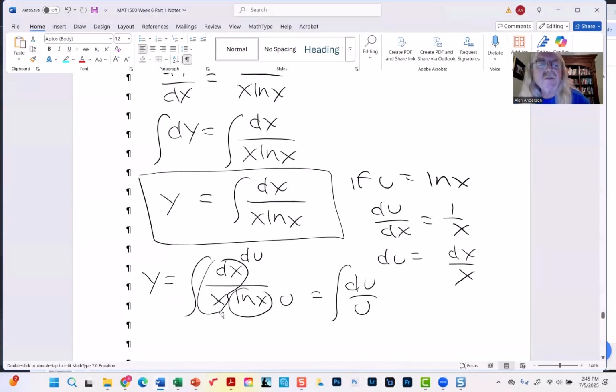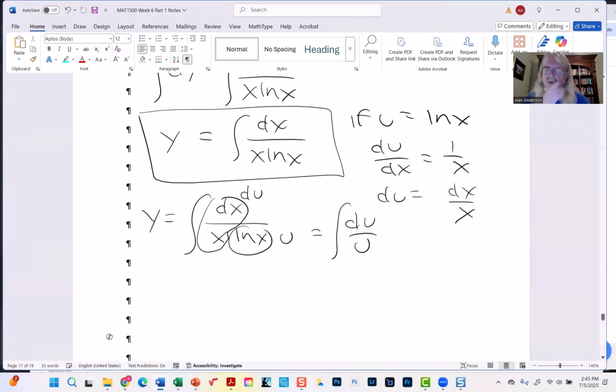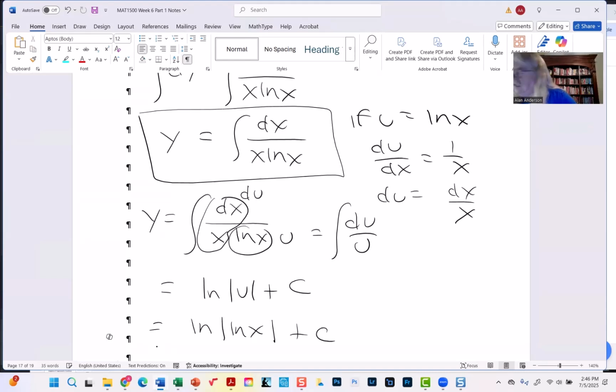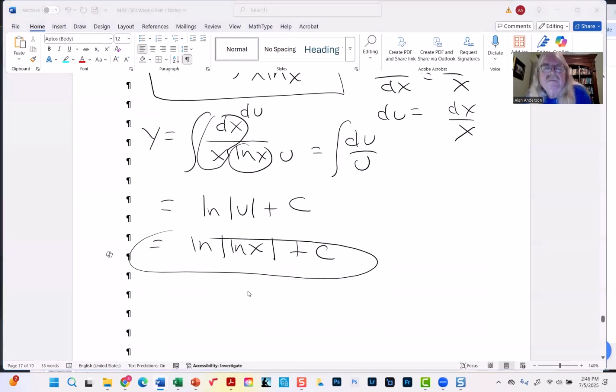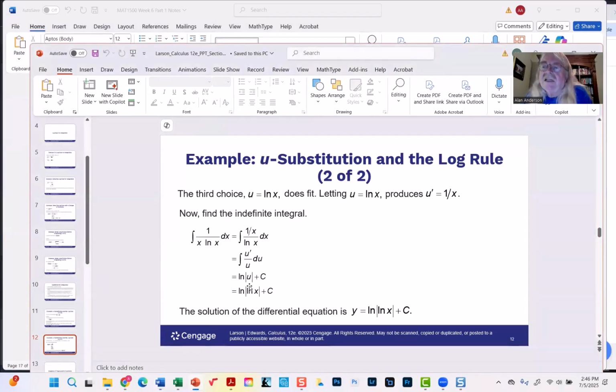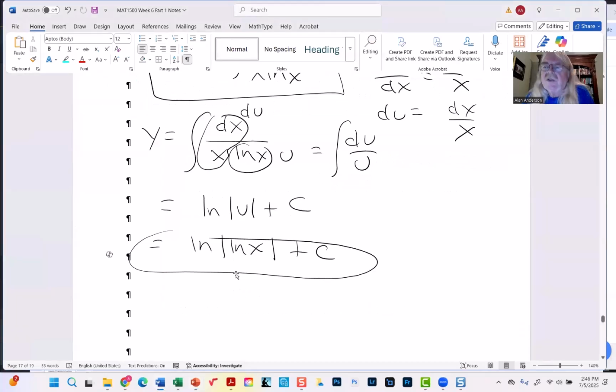So that means we'll have, and it looks like a very strange result, but it is correct. It's like log x. Yes, that's right. You can have log x. So it's very strange looking, but there it is.